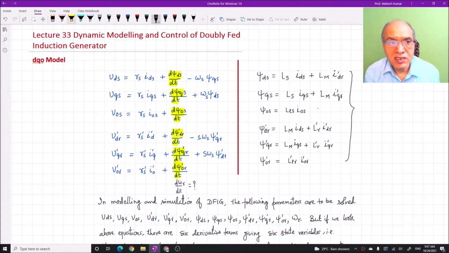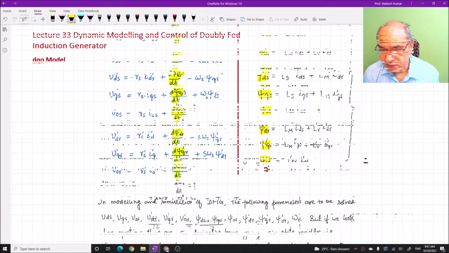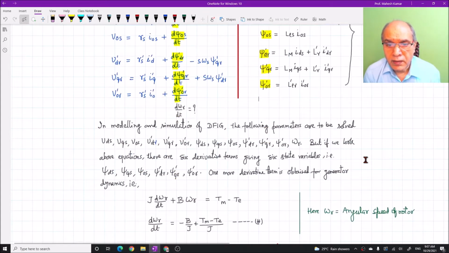So these are the expressions for psi ds, psi qs, psi 0s, psi dr', psi qr' and psi 0r'. What we actually need to do is solve for these variables: ids, iqs, i0s, idr', iqr', i0r', psi ds, psi qs, psi 0s, psi dr', psi qr', psi 0r', and omega r.